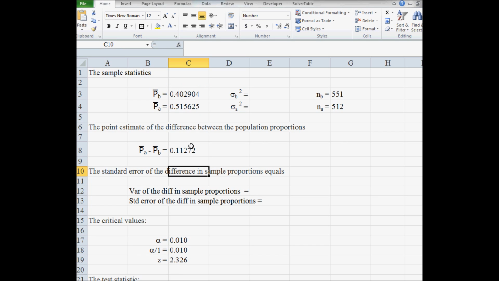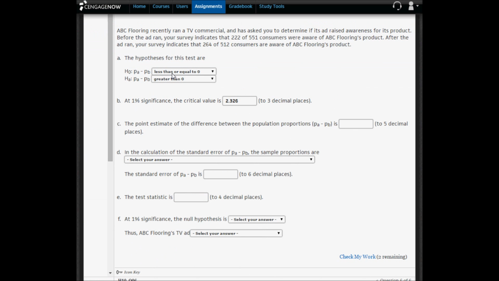To compute the standard error of the difference in sample proportions, we have to compute the individual variances of the underlying variables. Now, because the null hypothesis allows for or assumes there is a possibility that the proportions are different, we do not pool the proportions to compute the standard error.